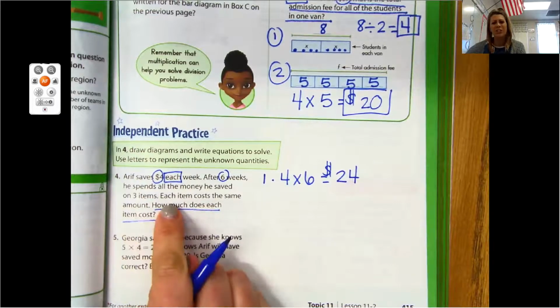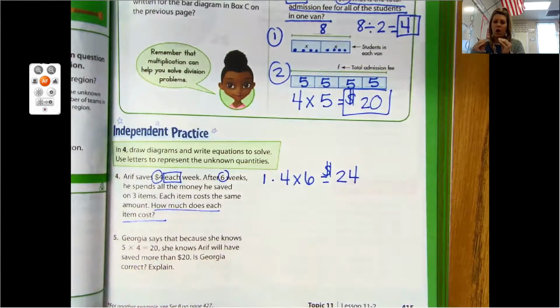So I'm hearing each again, but you aren't really going to be multiplying. Let's stop and think about this. If he has $24 and he's pretty much splitting it up into 3 groups, those are those 3 toys.